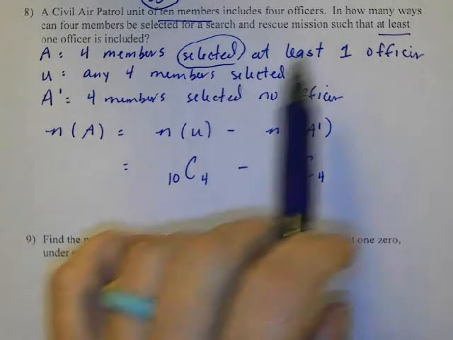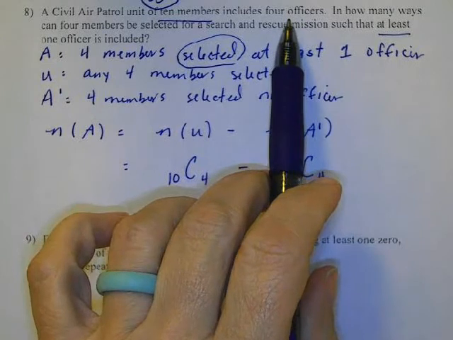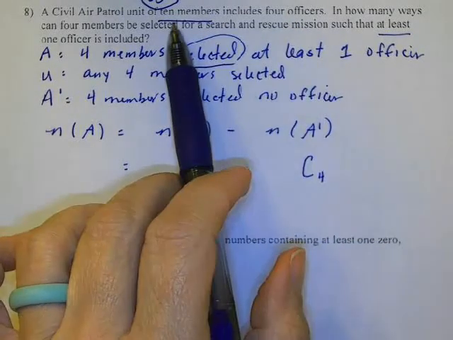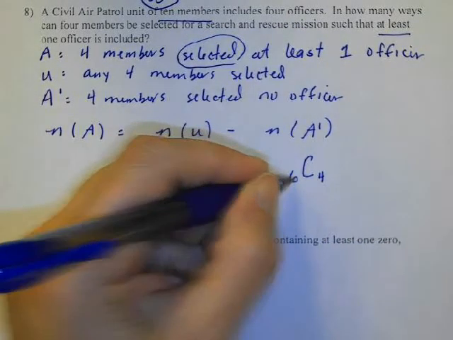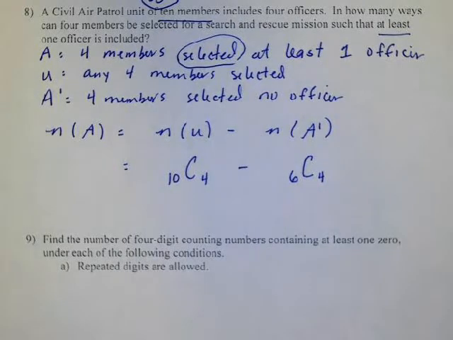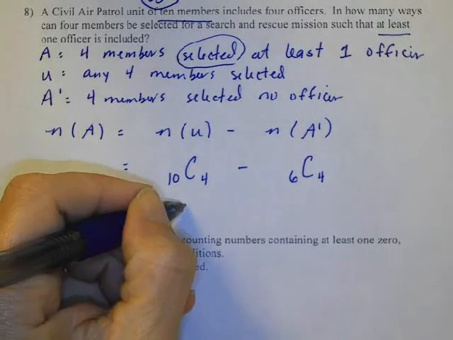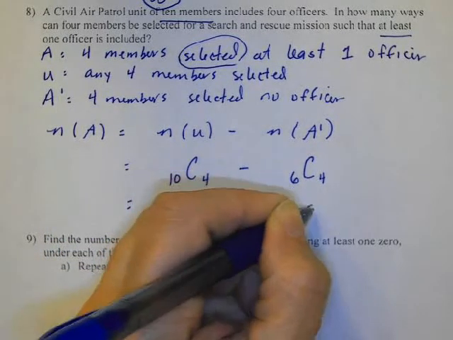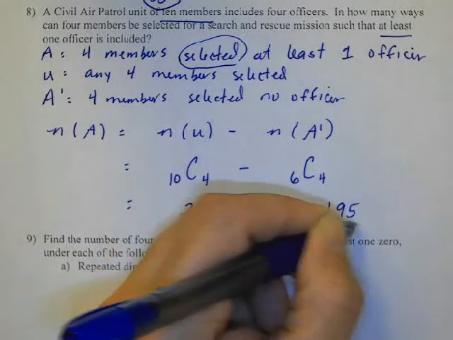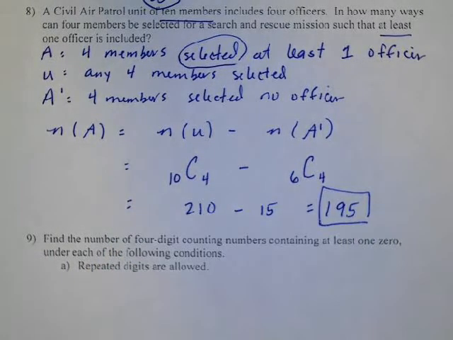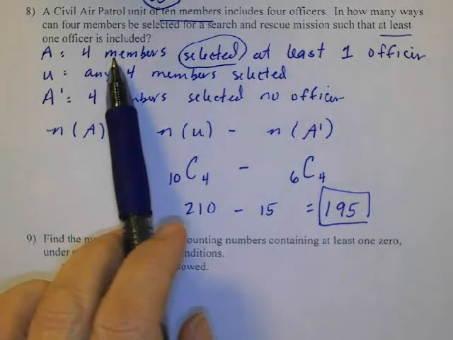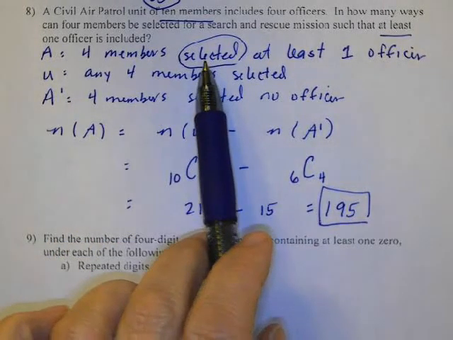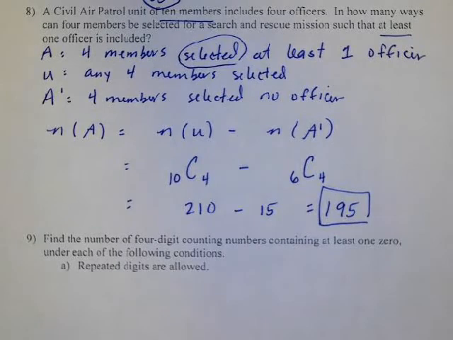They told us there were 4 officers, so my 10 is now down to 6 because I cannot include them. If I punch this in my calculator, I get 210 minus 15, which is 195 ways. So 195 ways is the answer to how many 4-member selections will include at least one officer.